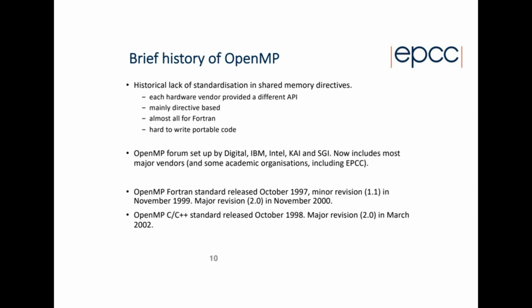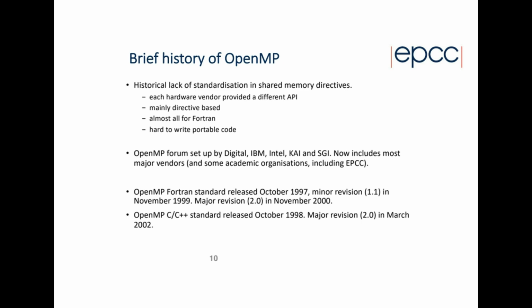So what was the problem it was trying to solve? Well, way back when, here we're talking about the early to mid 1990s, there was a historical lack of standard. This style of programming did exist, this way of doing parallelism with directives and shared memory did previously exist.